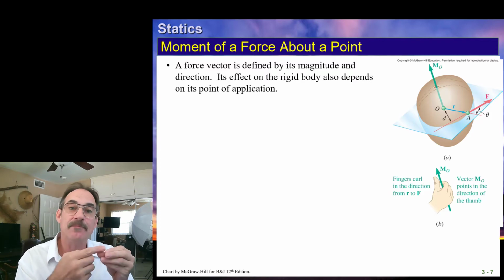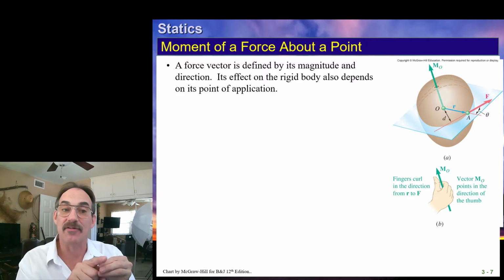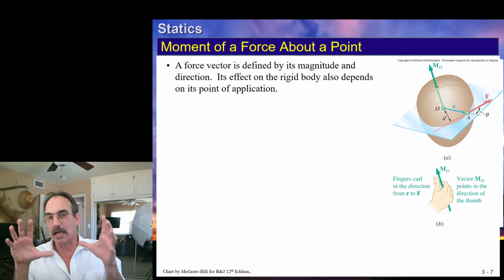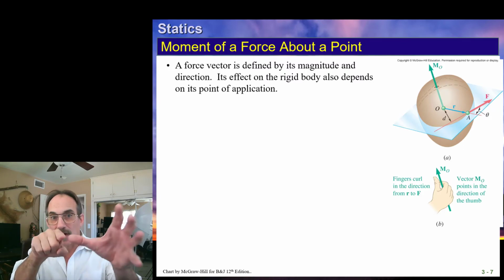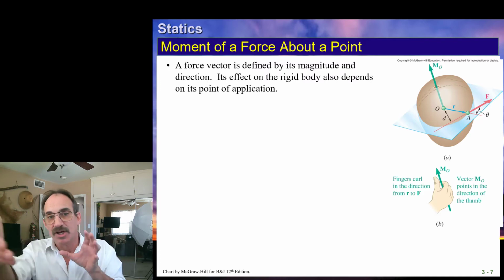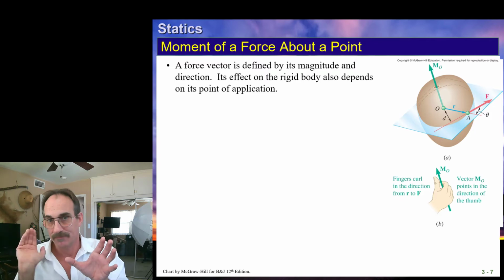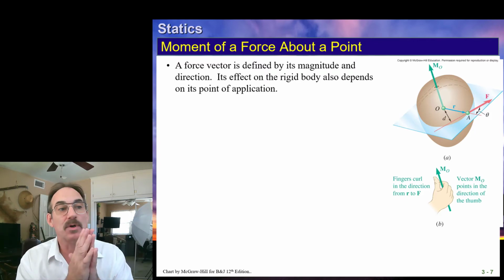But if it's not sliding along that parallel, if we apply it in a different place, it's going to have a different effect. If you picture taking a globe and applying a force right through the center, you're going to get a translation. If you picture applying that force off to the edge, you're going to get a rotation and a translation potentially, okay? So that's what we're talking about.